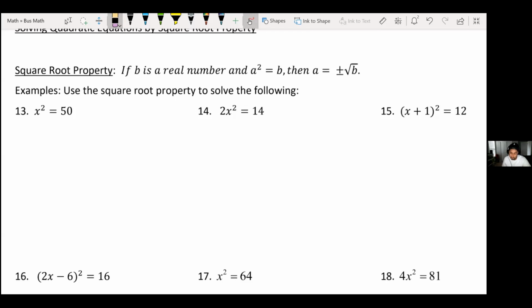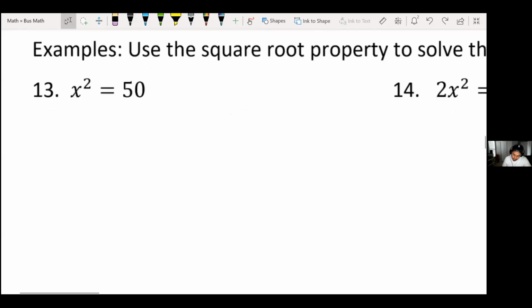All right, so this is the square root property, and it is a faster method to solve for x than factoring. We don't want to ignore factoring completely, because if we have to factor, we have to factor. And you also need to know how to break down a radical, break down a square root, which we can review as well.